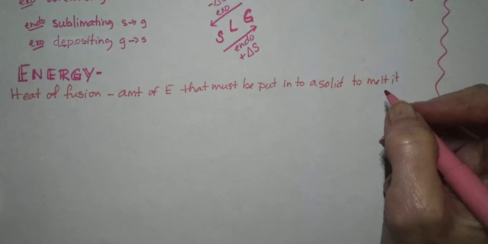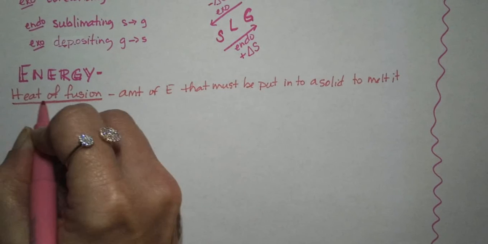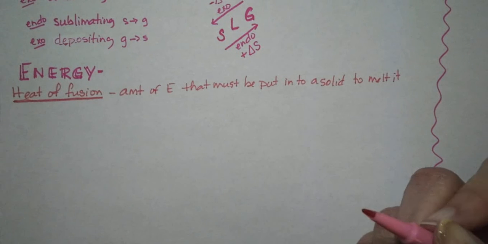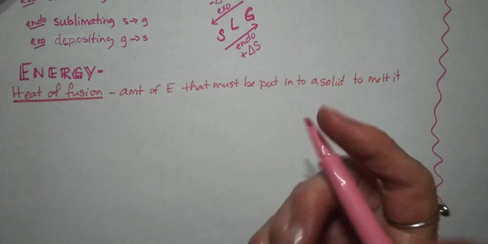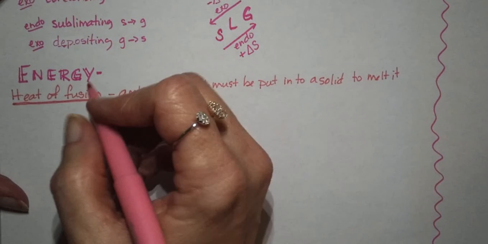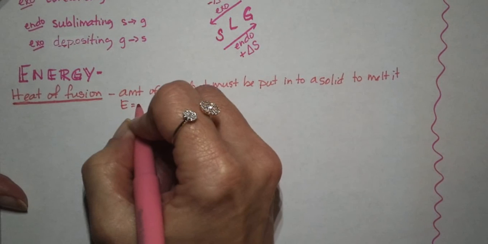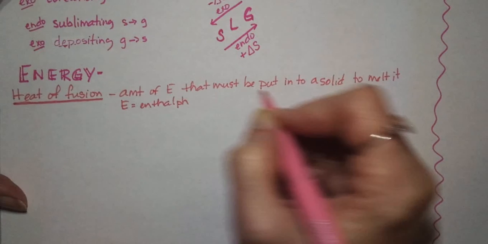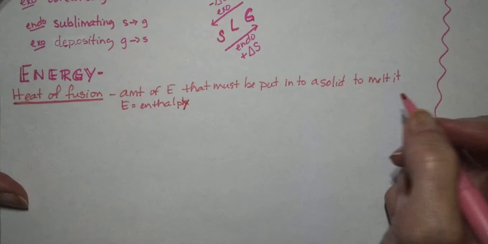So the heat of fusion, and when we say heat of, a lot of times instead of calling it heat of, they call it enthalpy, or heat, capital E. So heat of fusion a lot of times is E, enthalpy, and enthalpy, if I can spell that, sorry, that's a Y. Enthalpy, and enthalpy, E, energy E, it's the same thing.